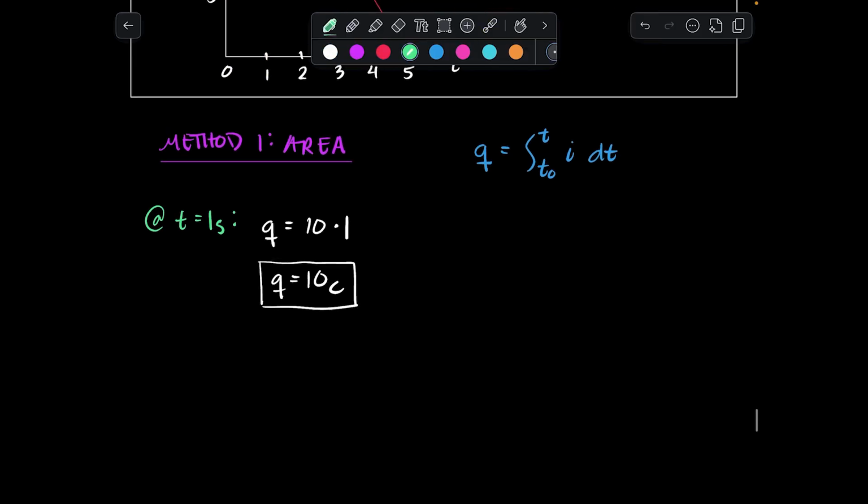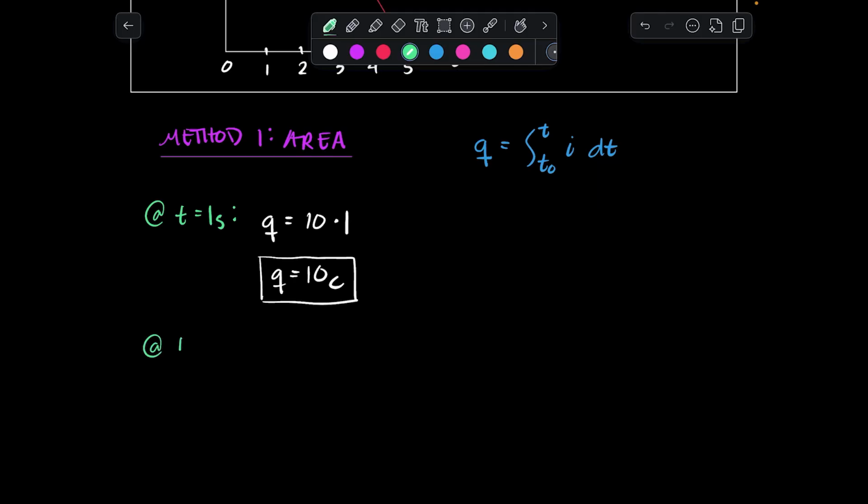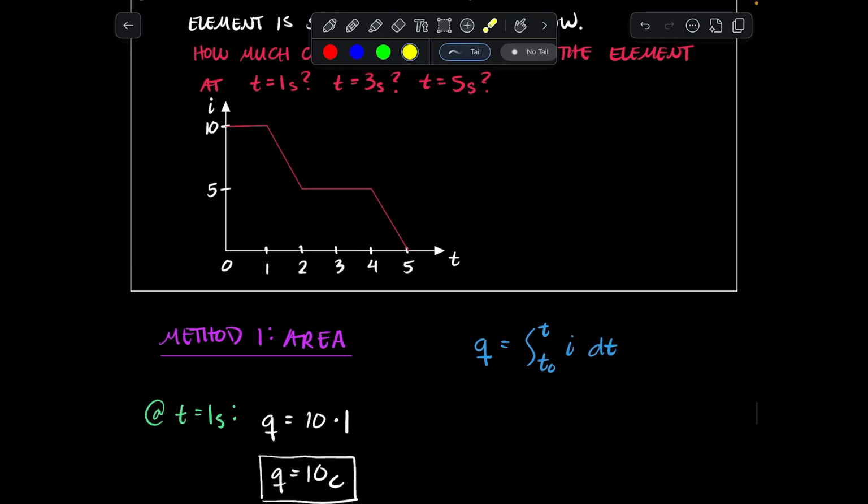Now let's solve for when our time is at 3 seconds. This one's a little bit trickier. We're going to solve for this area right here, this whole area, including this initial area that we've already solved for.